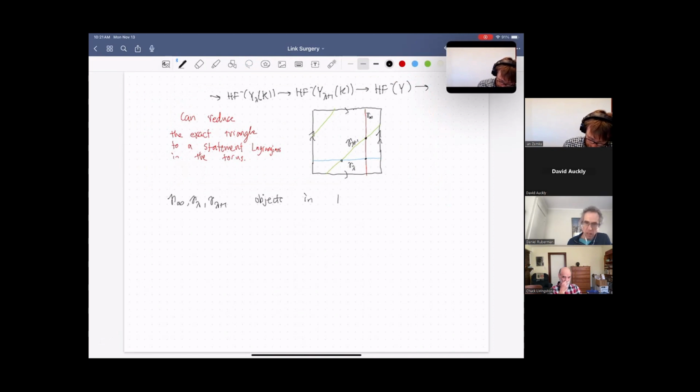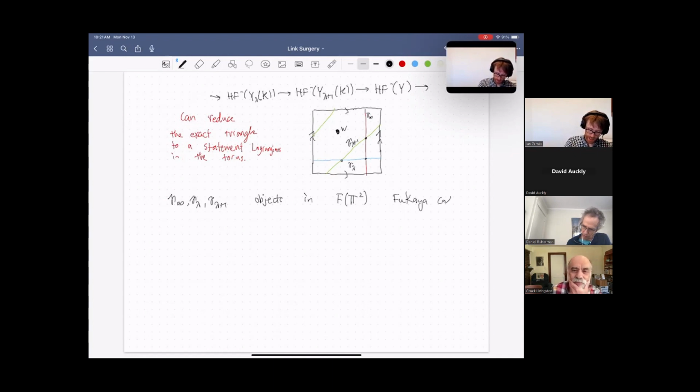I'll write F of T2, and I probably want to add a base point there. This is just some base point necessary to do Heegaard Floer homology, or necessary in the framework of Heegaard Floer homology. So this is the Fukaya category.